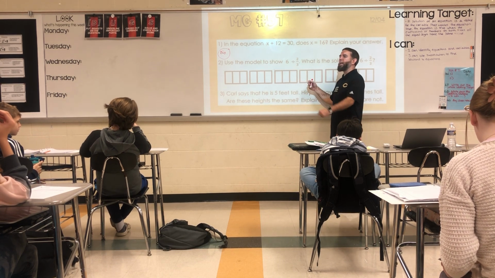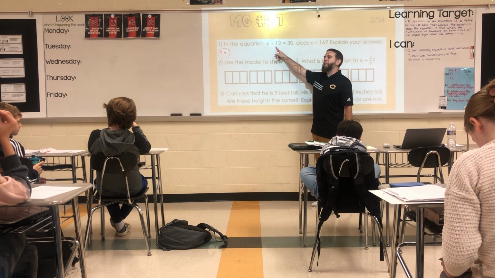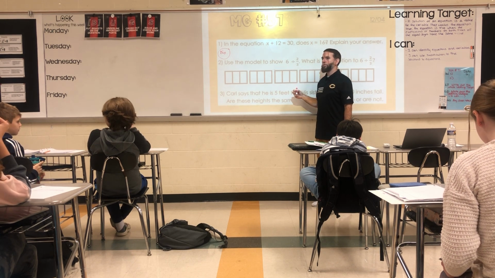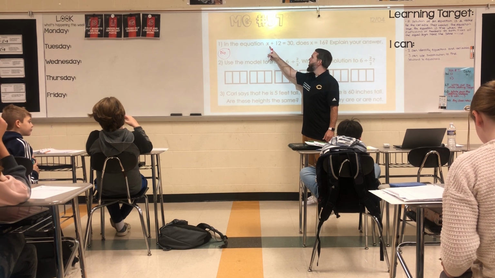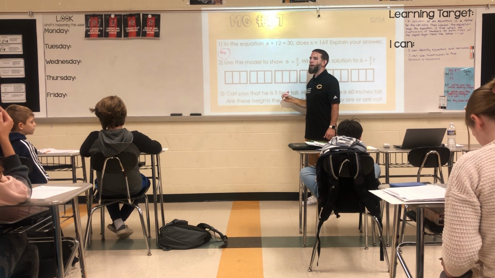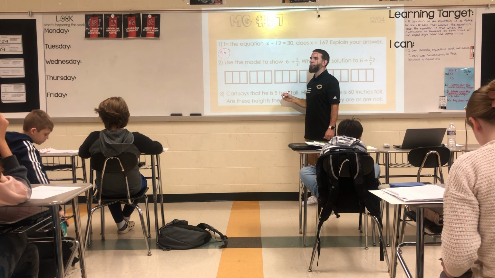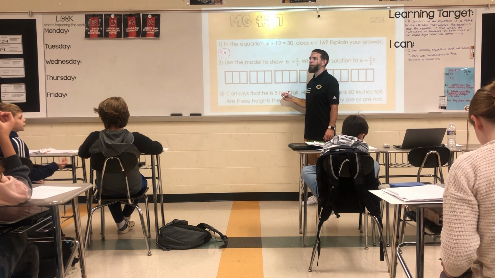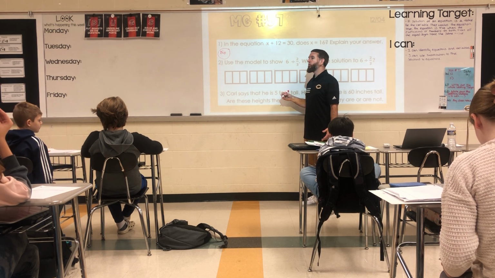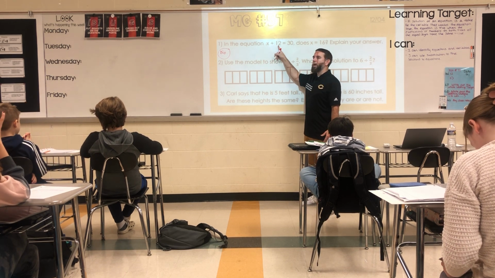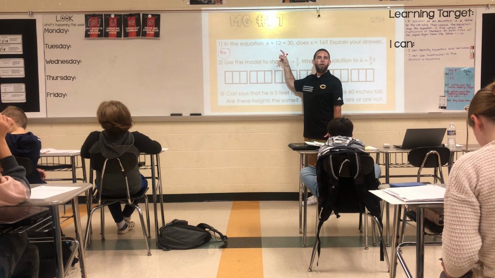But whenever we get it by itself, Amari, what do we need to get rid of? If we need to isolate this variable, what do we need to get rid of? The positive 12, right? Ben, you need to stay in your seat.